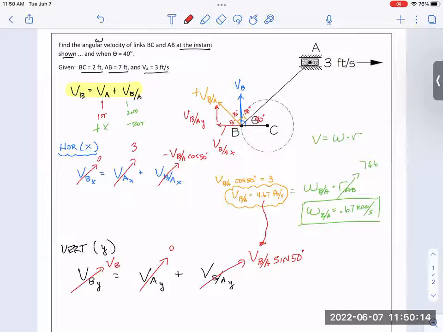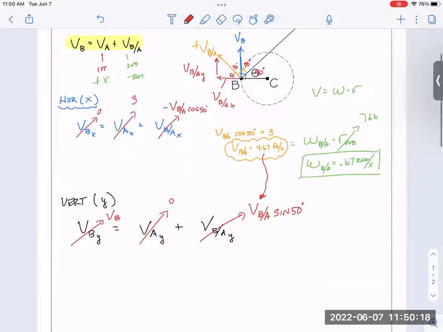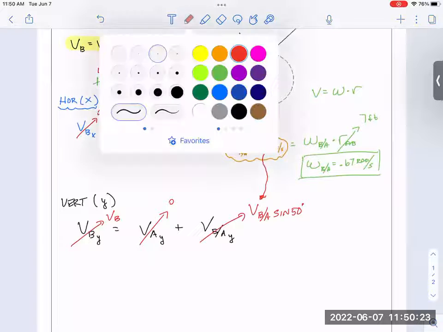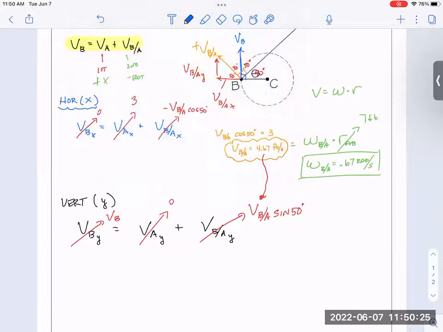So if I just take 4.67 times the sine of 50, then I know the velocity of B now, which is 3.58 feet per second. Again, I don't know what I'm being asked, but that feels important.